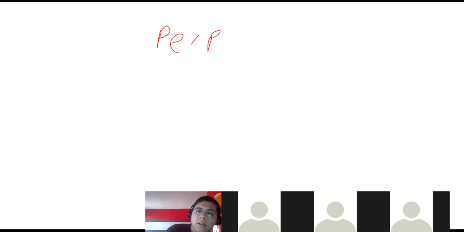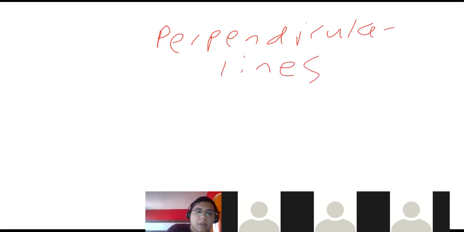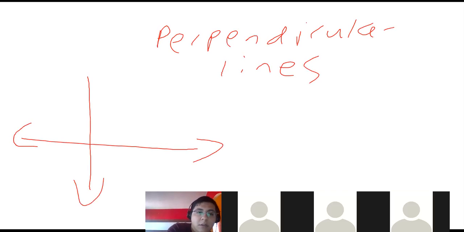So we did parallel, and now perpendicular. What are lines that are perpendicular? What does that mean? Lines that intersect. So that's definitely the first thing, but there's another important part to this.